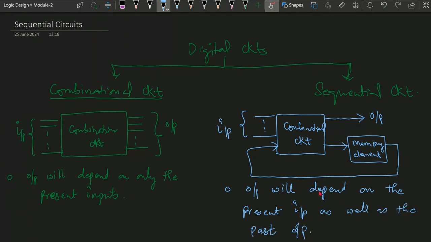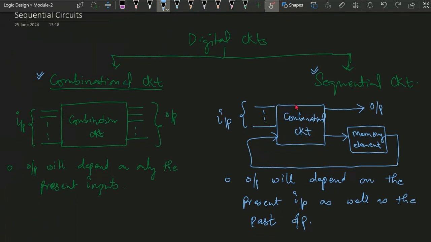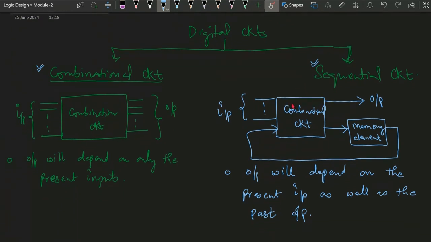I hope it is clear to everyone, and you might already know the basic difference between the combinational circuit and the sequential circuit. Based on the input and output relation, in combinational circuits the output depends only on the present input, but in sequential circuits the output depends on the present input as well as the past output.